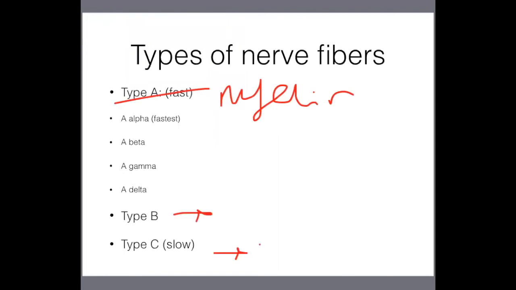Type C is unmyelinated. We're going to discuss how the impulse travels again in the next lesson. For now, just try to remember the idea that type A is the fastest and has the highest amount of myelin, while type C is the slowest and has no myelin at all.